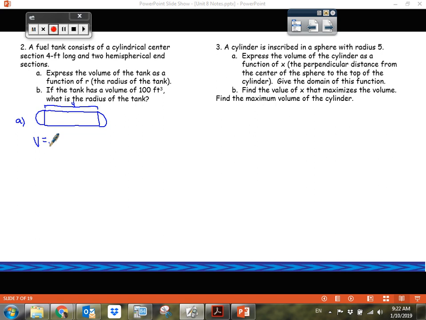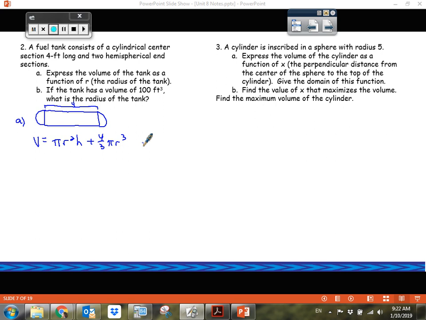The base is a circle, so it would be pi r squared h plus the volume of a sphere. You may or may not remember, but you do need to remember. It's 4/3 pi r cubed. Okay, 4/3 pi r cubed. Now looking at this equation, we know we're going to have to go to the calculator, and I have too many variables.